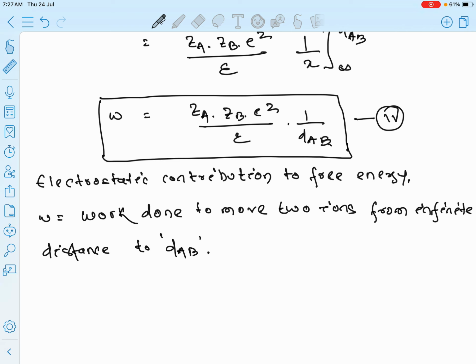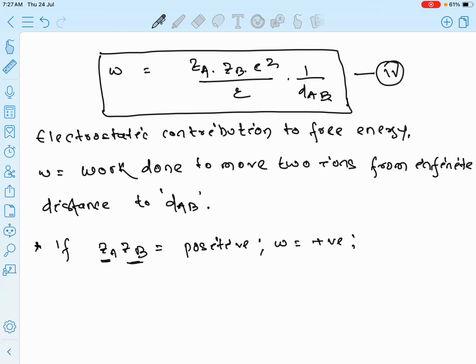So we can write that if the product of za zb is positive, that means either za is positive and zb is positive, then the product will be positive. But if za is negative and zb is also negative, then the product will also be positive, and therefore the nature of w will be positive.